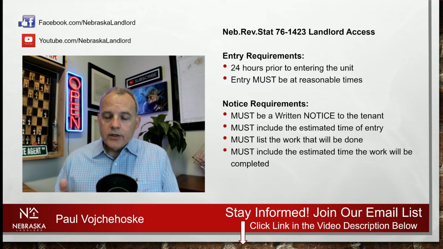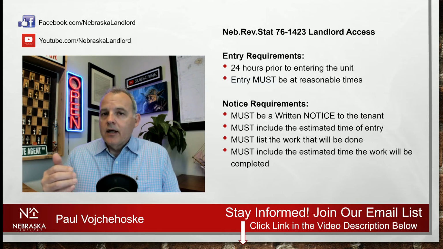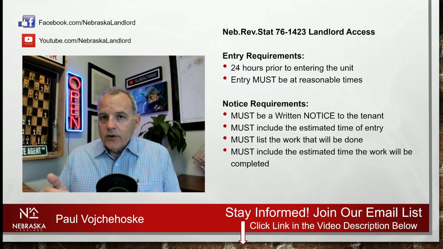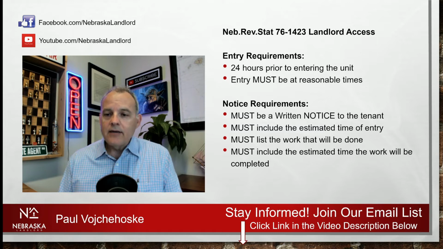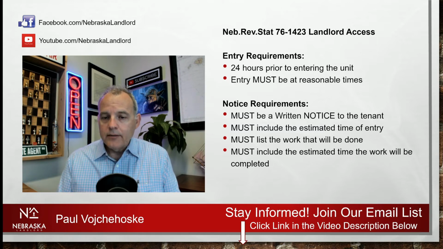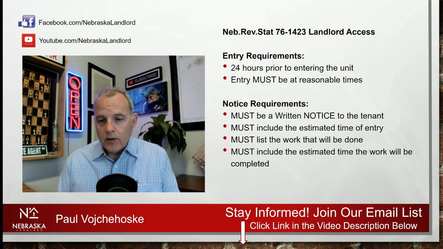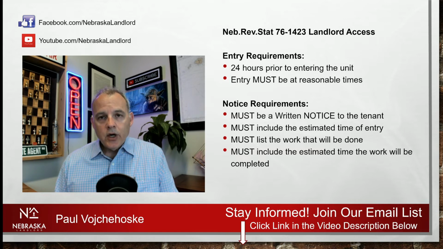You must also include in that written notice the itemized list of the work you're going to perform in that unit. And lastly, you must include an estimated time when you believe that work will be completed. These are not options. These are mandated under 76-14-23. Now, what happens if you don't do your notice properly?